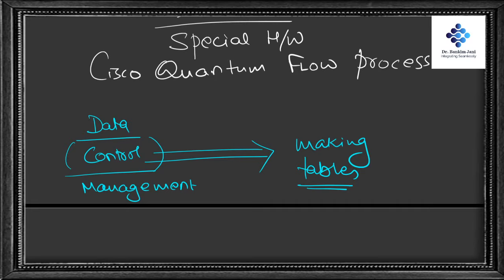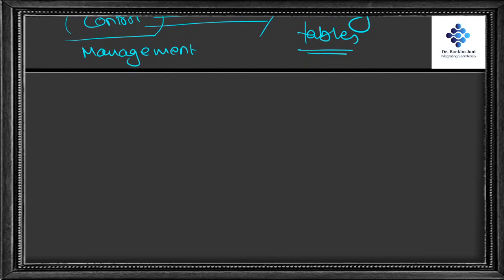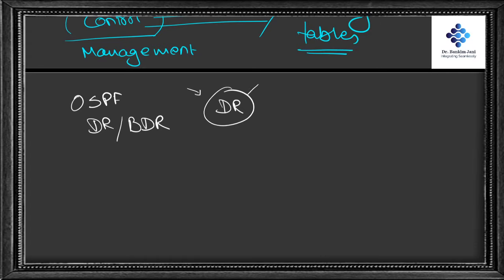Now, if you go back to OSPF, in OSPF there was something like DR and BDR, right? So what was the function of DR? DR was doing just one thing. It was collecting data from everyone, that is the tables. It was making the table and then sending this table to everyone.